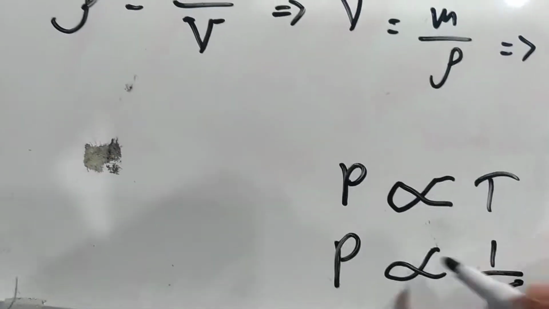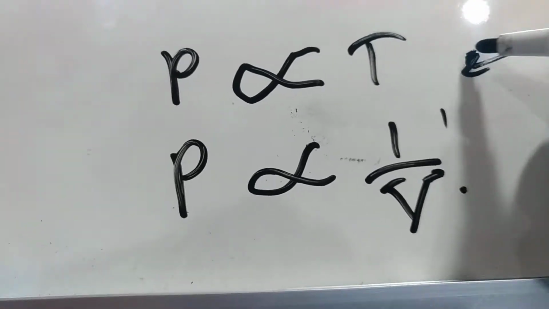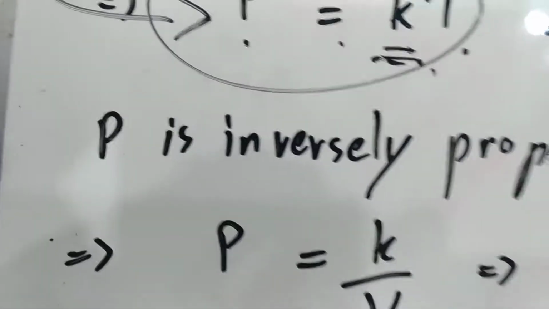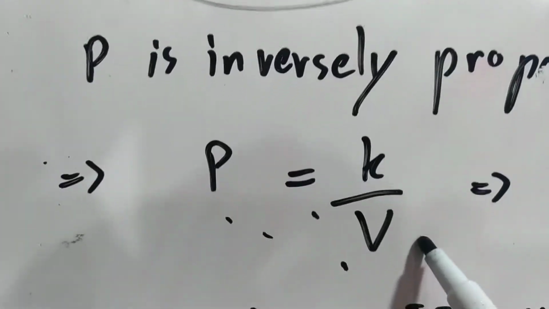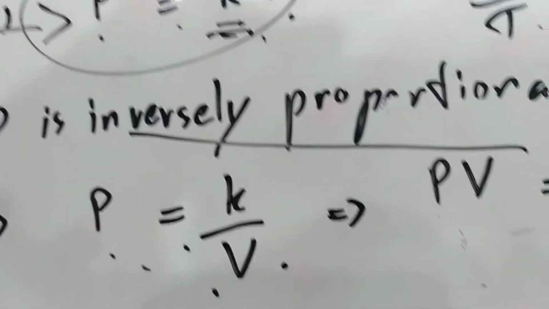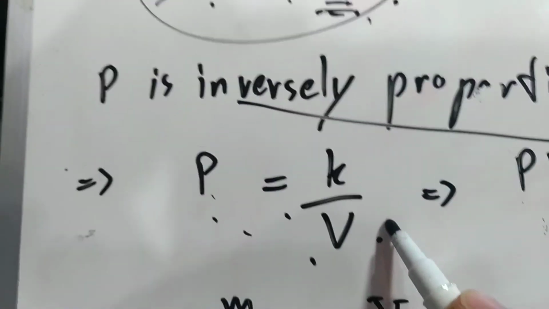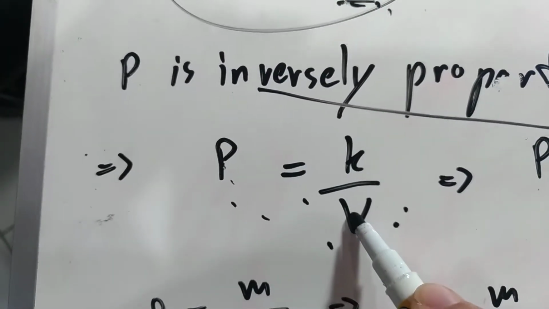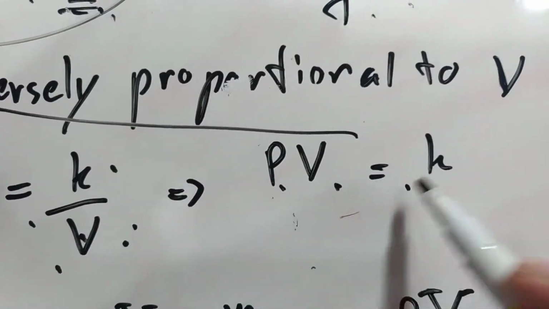Basically, translate from that mathematical notation into the equation right there: P equals K over V. When you have inverse proportionality, you can always write it like this. It can be apple is inversely proportional to banana, and that's a constant. Then use algebra, so you have PV equals K.